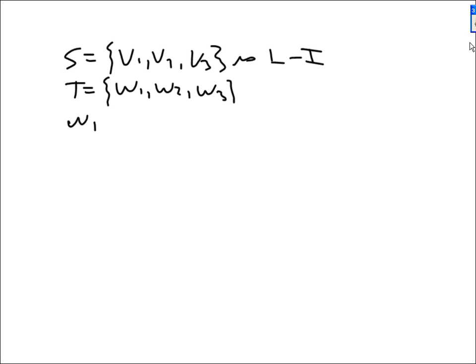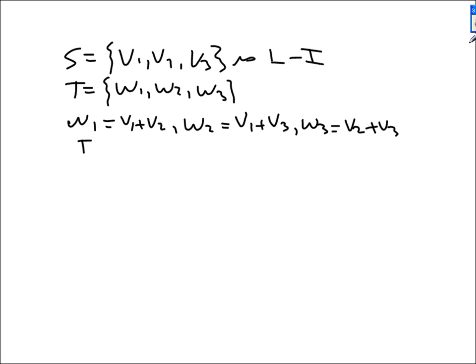But this time the Wi's are defined differently. W1 is V1 plus V2. W sub 2 is V1 plus V3. And W sub 3 is V2 plus V3. The question is, is T linearly independent or linearly dependent?